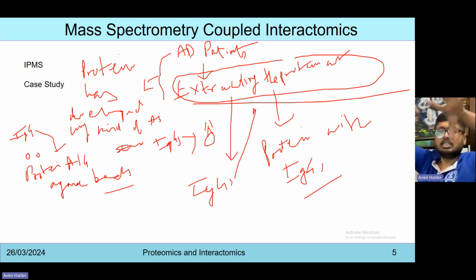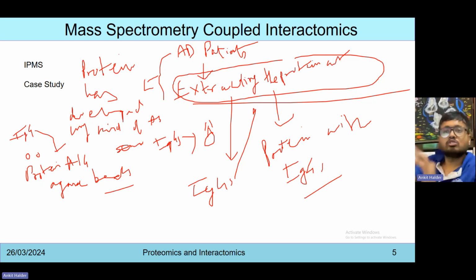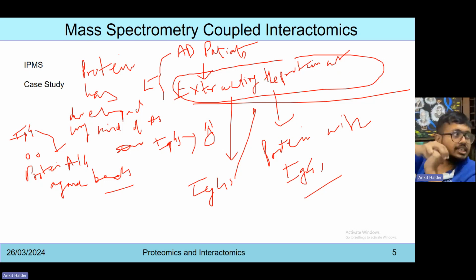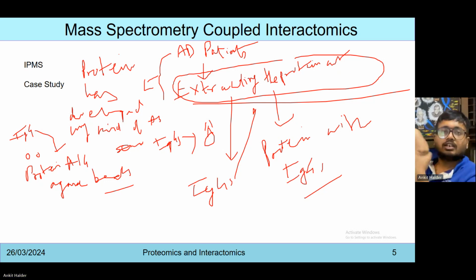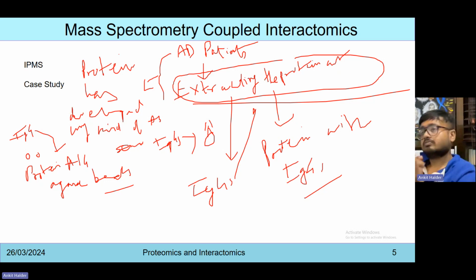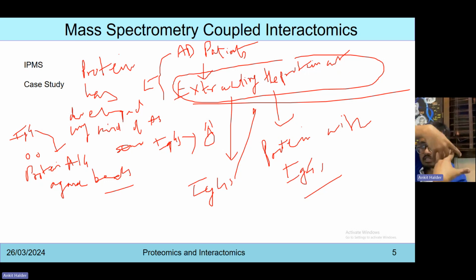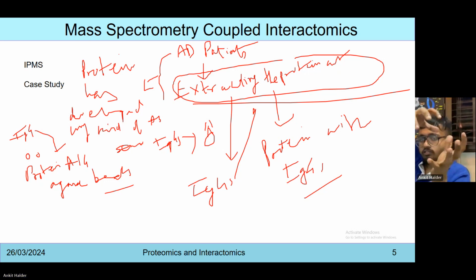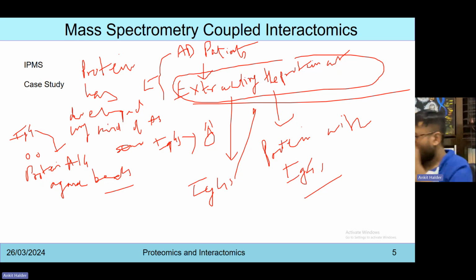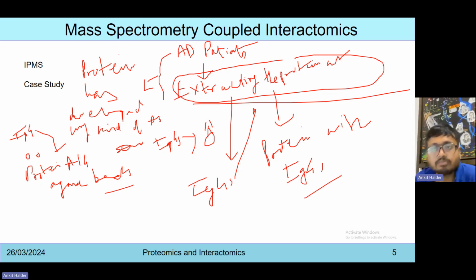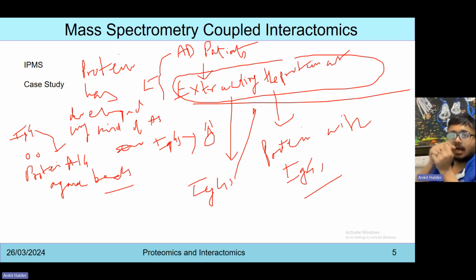So if there is any autoantigen for which any kind of autoantibody has been generated, then it will go and bind with the IgGs. You need to make sure that there is no non-specific interaction or non-specific binding; rather, a strong binding happens, which you will wash and elute.